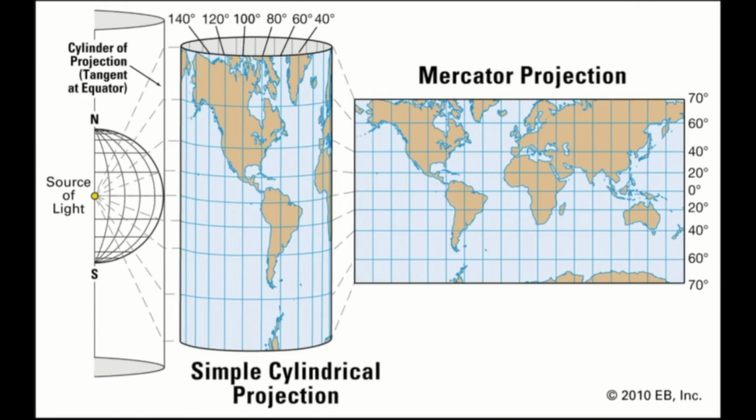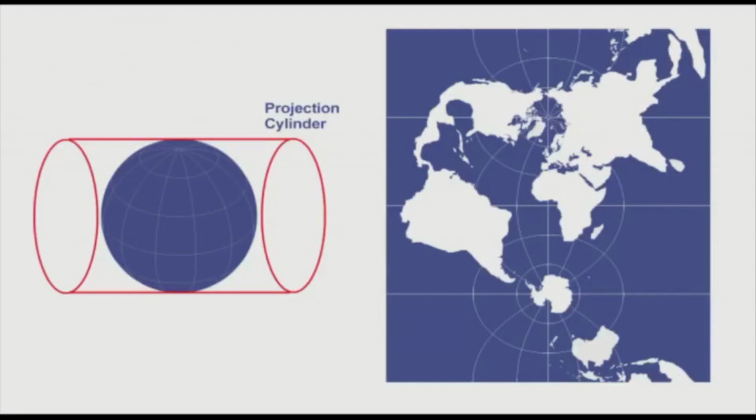The Mercator projection is not the only simple cylindrical projection. We can wrap the cylinder at a 90 degree angle from the way Mercator wrapped it, and we end up with a map that looks something like this, which looks quite strange to those of us who haven't seen it before.